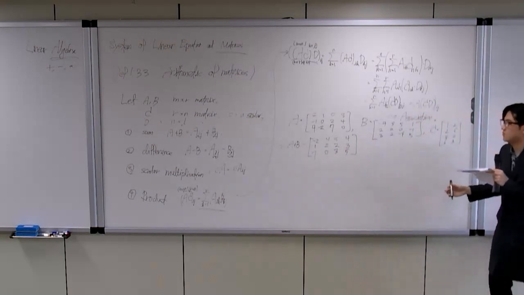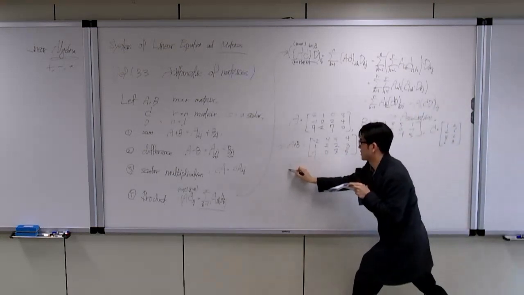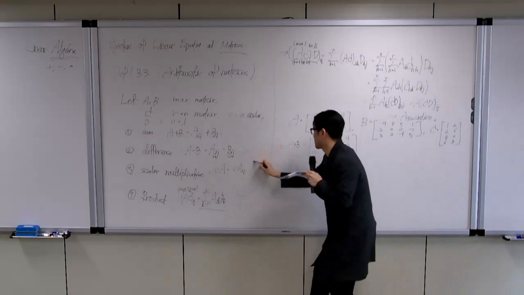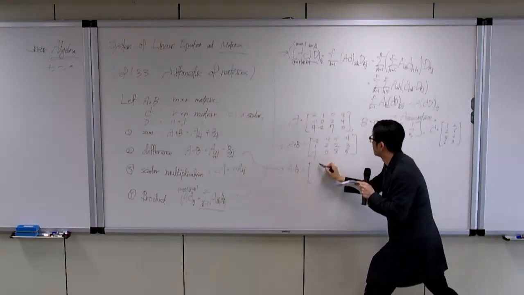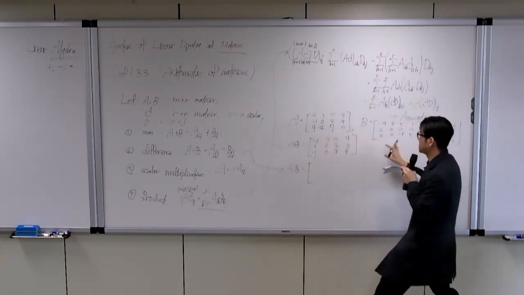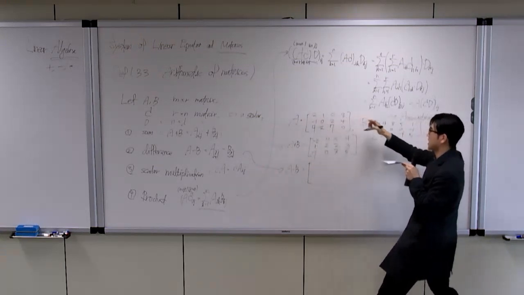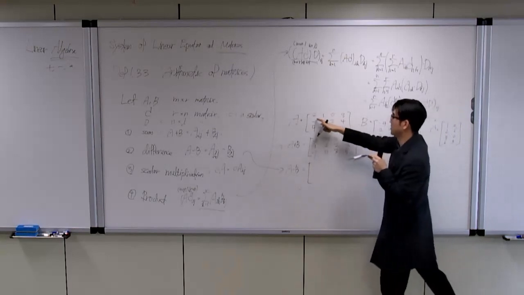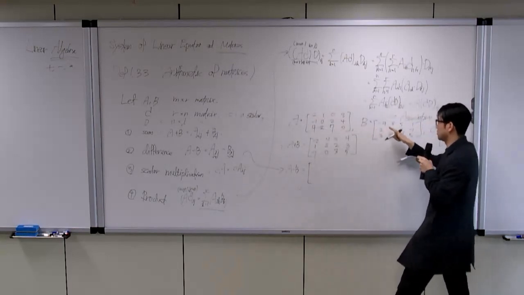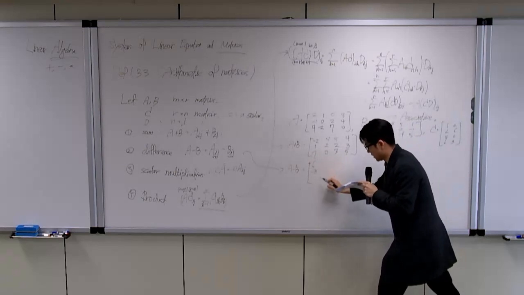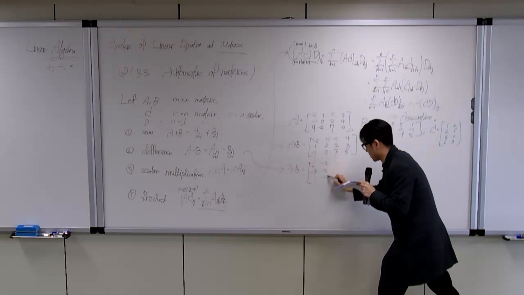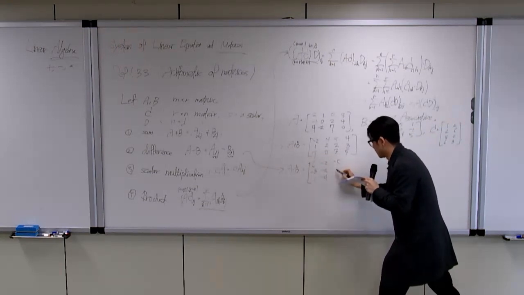And similarly we can get the difference A minus B, so we will operate 2 minus 4 and -1 minus 2.